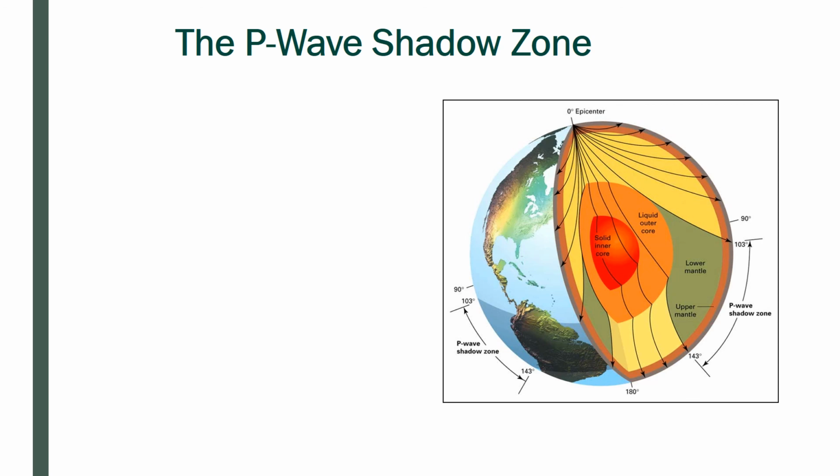Then you have this area from 103 degrees to 143 degrees where you cannot receive P waves. So there are two differences between the S wave shadow zone and the P wave shadow zone. You can see the difference.